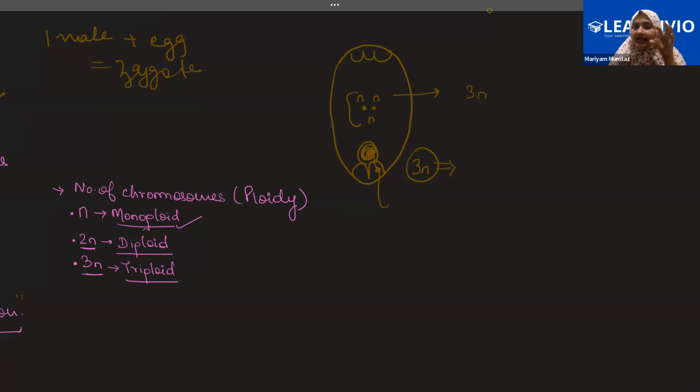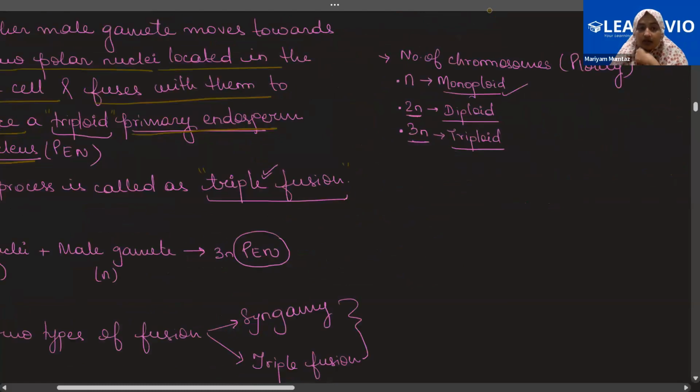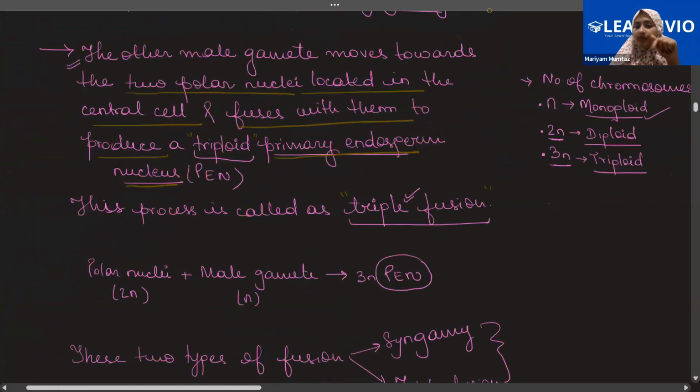Triploid. And just like how by the fusion of male and female gamete a zygote is formed, in the same way, when the male fuses with the polar nuclei, it forms a primary endosperm nucleus. Because right now there is no cell, it was just nuclei only, right? So the second type of fusion is triple fusion.